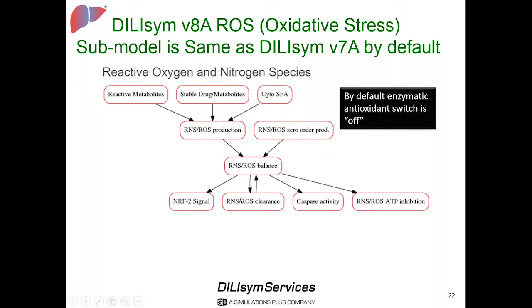And notice that the clearance in the prior versions was just a single clearance term. It's a saturable clearance term, but it's not dynamic in the sense that the NRF2 pathway is affecting it. In DILIsym version 8A, this framework still applies, and when you open the software, by default, it's going to continue to use this framework.